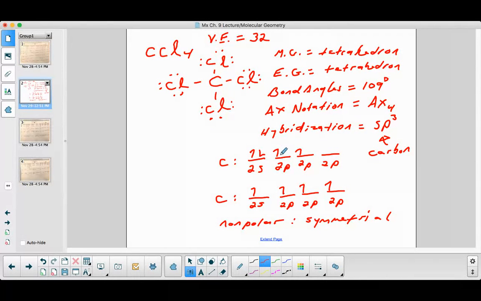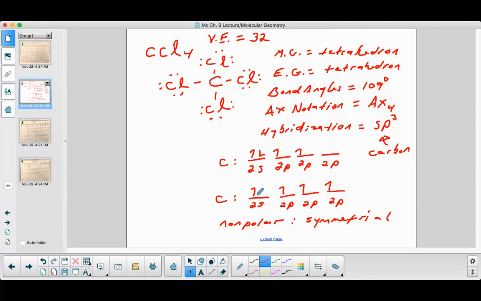A bond occurs where there's a half-filled orbital. So since we know that carbon absolutely can form 4 bonds, and most can, there are certainly exceptions to this octet rule that we'll talk about, what carbon does is bump one of the 2s electrons out to a 2p orbital.